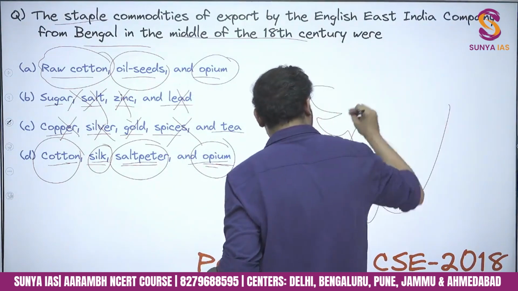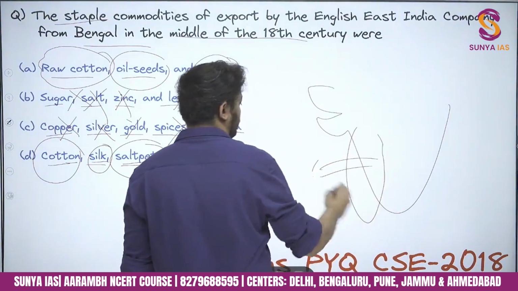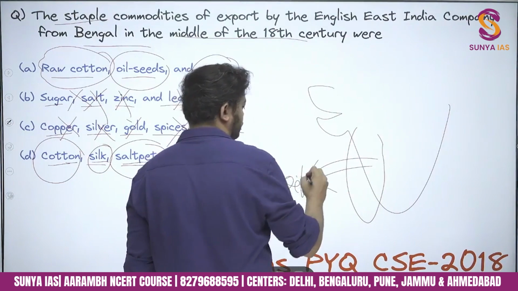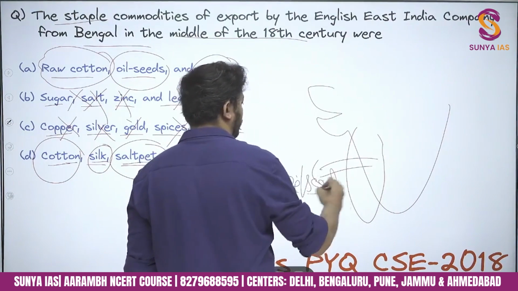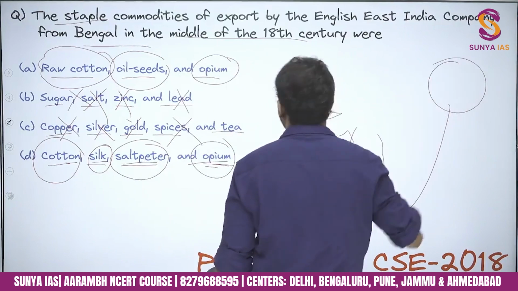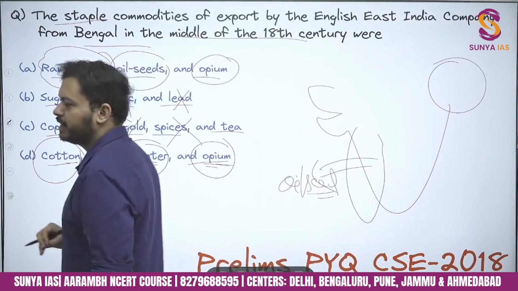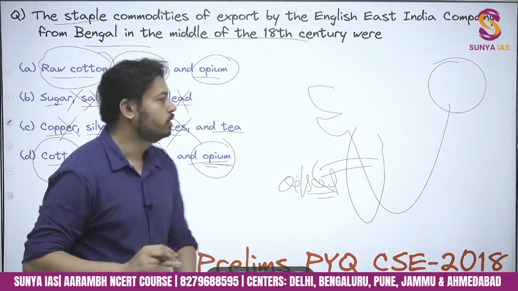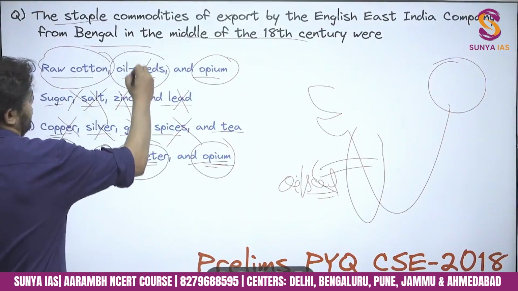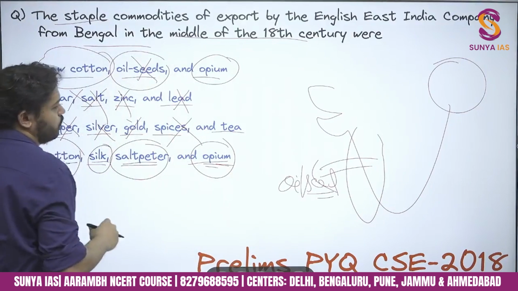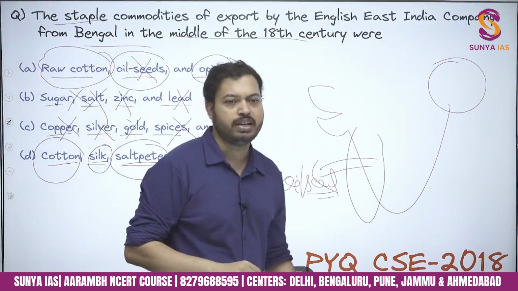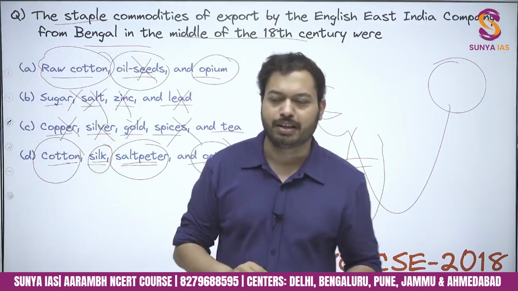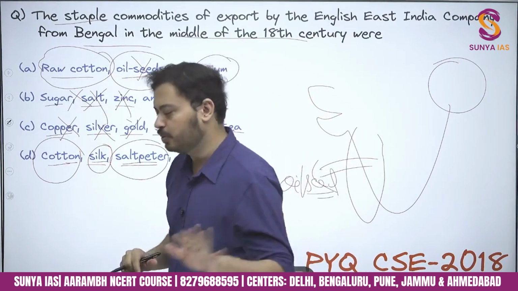You don't get oil seed on the Bengal side. So if you don't get it in the 21st century, you didn't get it in the 18th century also. So oil seed is very difficult to get. Suppose someone says no, we would plant and grow it, fine, okay, but on a generic level you don't get it over there.